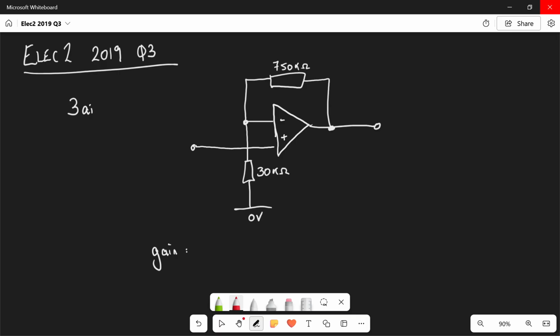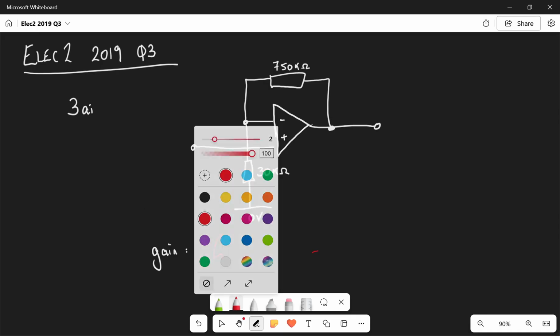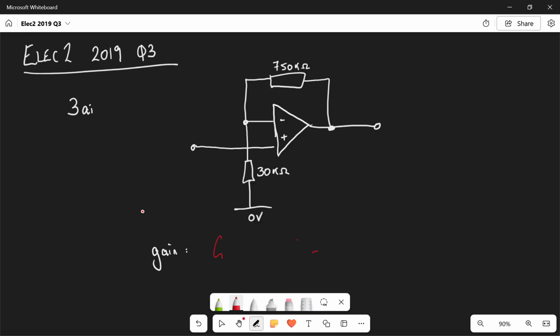Well, for voltage gain, we're going to use the equation that gain is equal to 1 plus RF over R1, where RF is 750 kilo ohms in this example, and R1 is 30 kilo ohms. So we can find out the gain of this. So it's 1 plus 750 over 30, and that gives us a gain of 26.